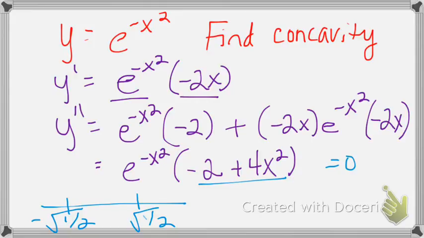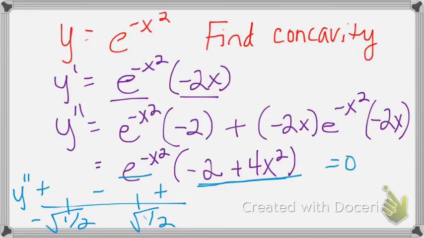Alright, plug in some values into the second derivative. For example, plug in 0 right there. I'm going to get e to the 0 and then times a negative, so that's negative. Square root of 1/2, you might have to figure out what square root of 1/2 is to plug it in, or just know it's 100 would be bigger, so plug in 100. You get a positive. Plug in negative 100, you still get a positive.